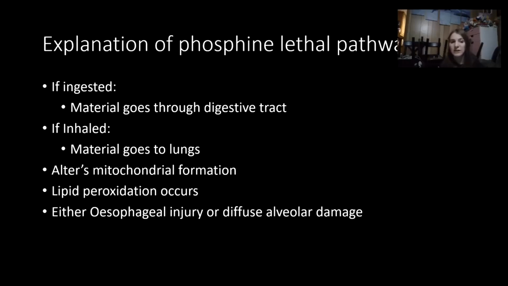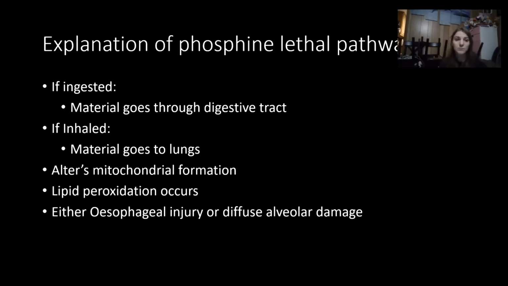When phosphine hits the system, it will alter the mitochondrial function, causing the inhibition of cytochrome C oxidase, which creates hydroxyl radicals. This in turn will cause lipid peroxidation to occur and will have proteins become denatured.